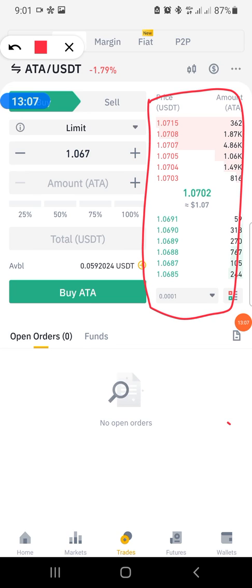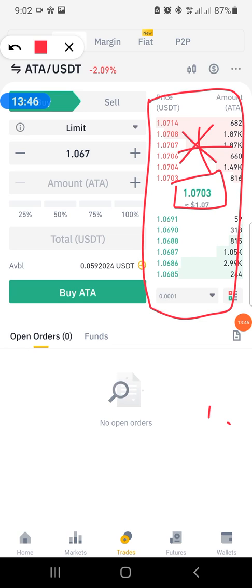Here at this column, this is the part for sell orders. When someone places a sell order of this particular digital currency, it goes here. It waits as a pending order until the market price reaches that particular price the person inputs while trading.